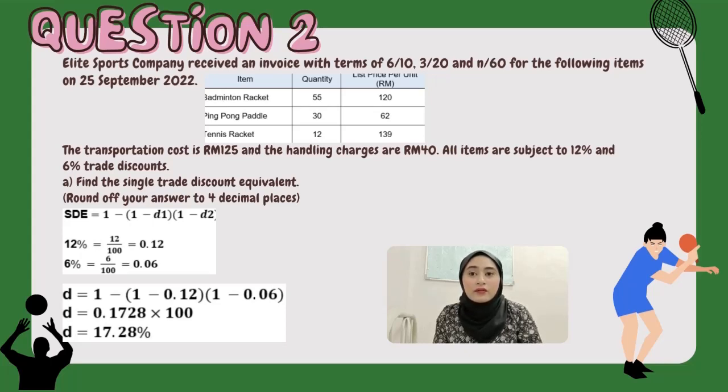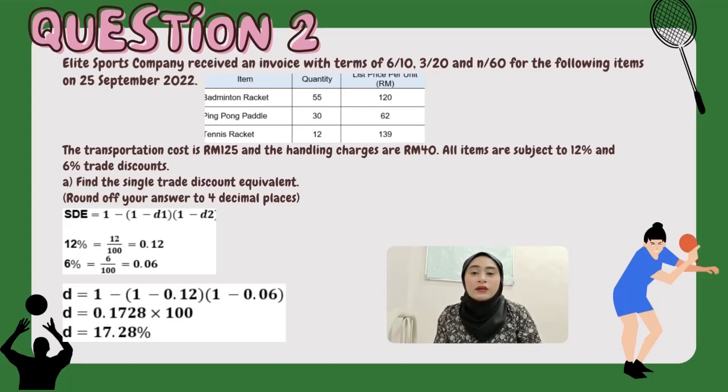Question 2A. Find the single trade discount equivalent. So I use this formula: SDE equals 1 minus (1 minus d1)(1 minus d2), and I will change the percents to decimals. 12% equals 12 over 100, which is 0.12. 6% equals 6 over 100, which is 0.06.